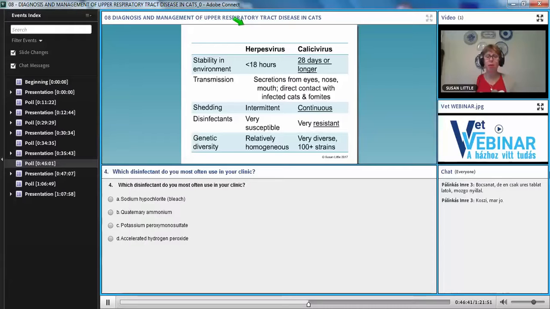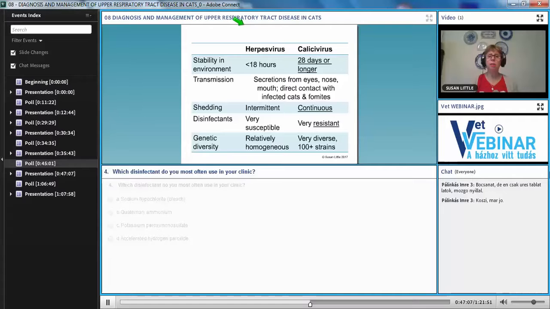We'll just wait another moment here to get a few more votes in. So far, the majority of you are saying that you're using sodium hypochlorite or a bleach product of some kind in your practice. Okay, and then we have a few of you who picked a quaternary ammonium, and then one or two that picked a potassium monosulfate product.